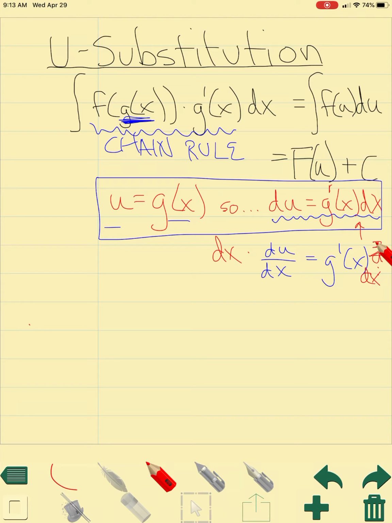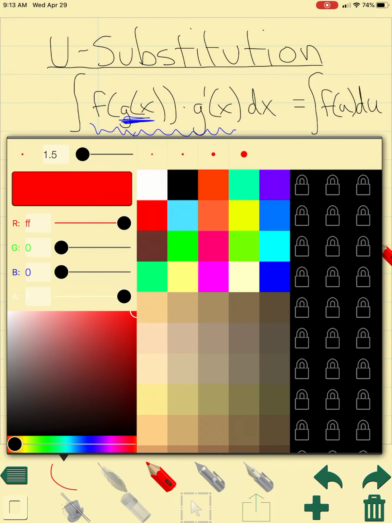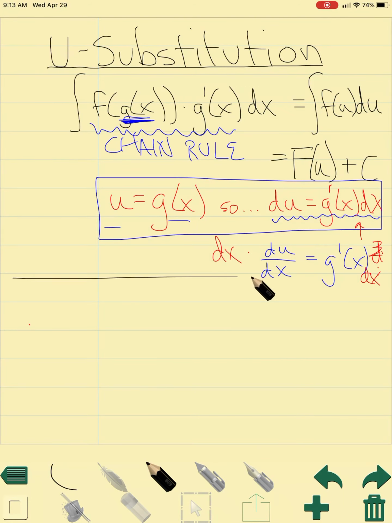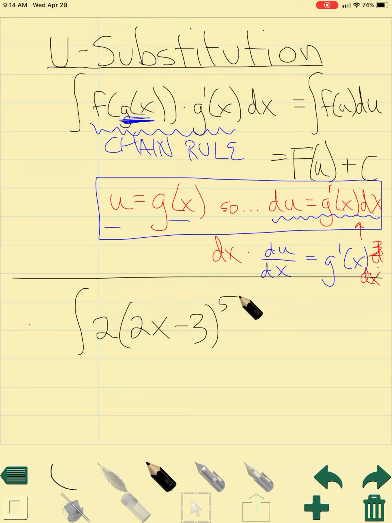Okay, so we use this substitution whenever we see something that's like the chain rule, where we haven't been able to use the step down or step up rule. We've been expanding it. So a simple, easy way to look at it is if I have 2 times 2x minus 3 to the 5th power, and I want to integrate this.